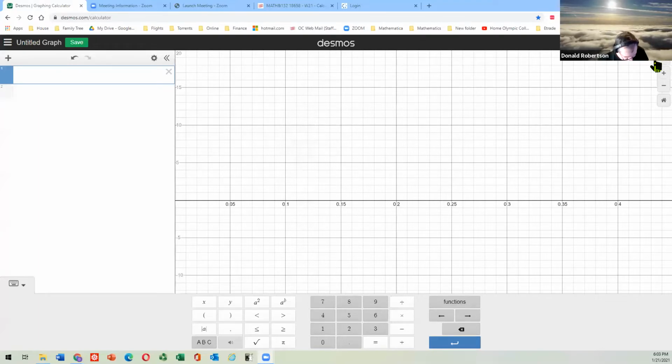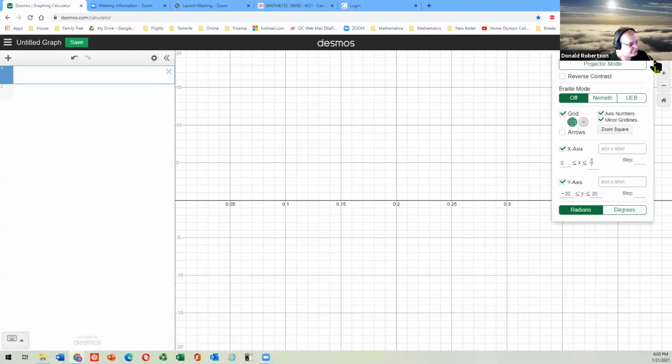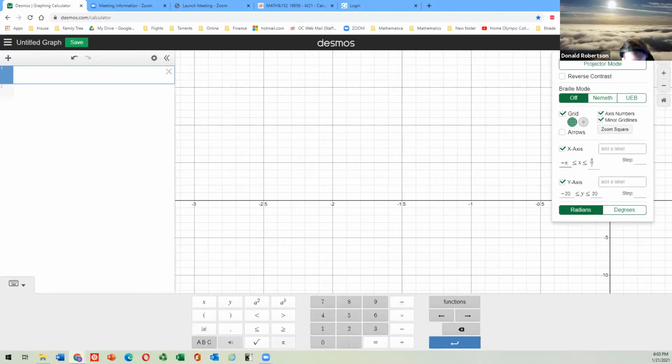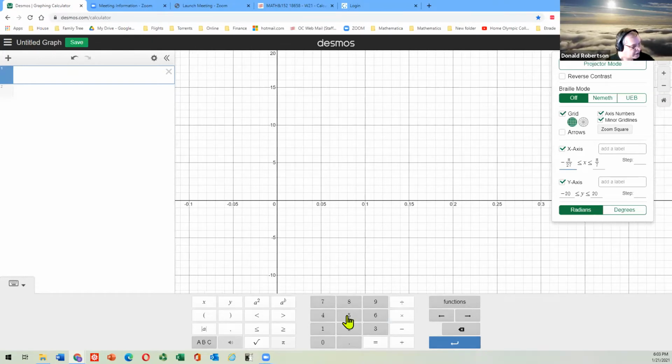Now I'm going to go here, and I'm not going to make the same mistake I made last time. I'm going to make the x's negative pi divided by 27, and the other x value is going to be pi over positive 27.